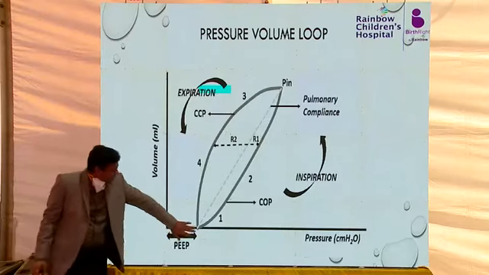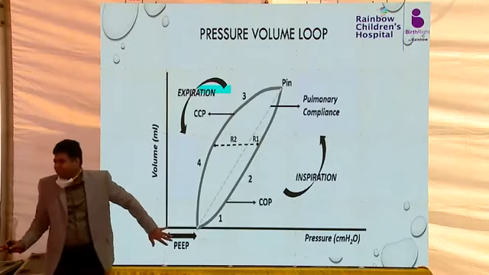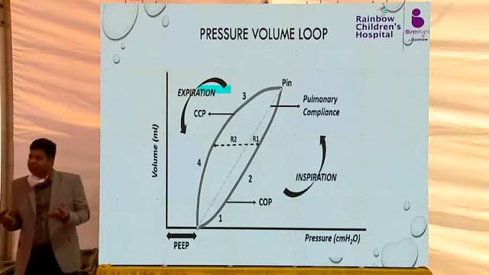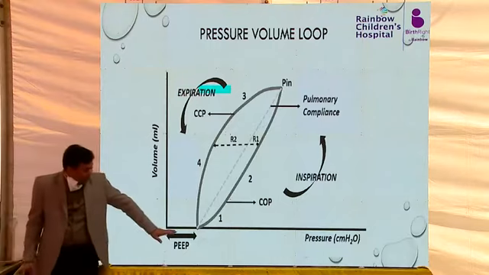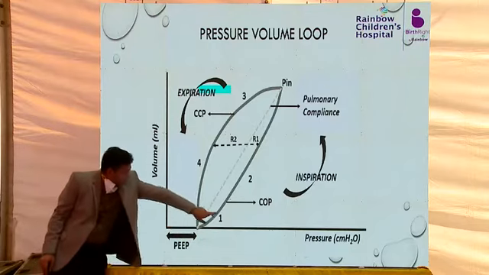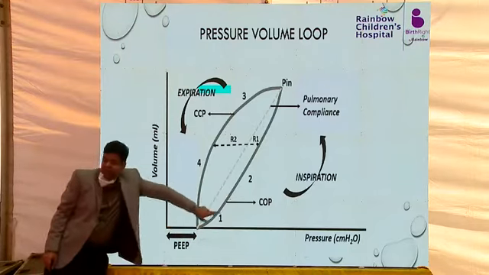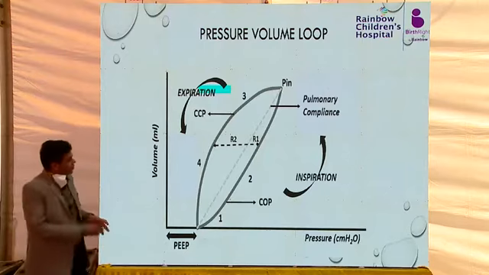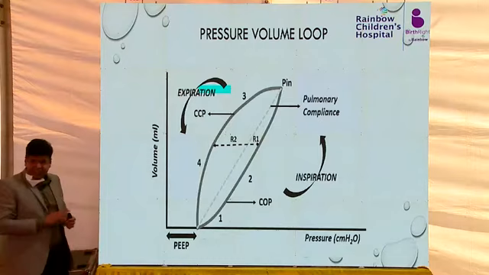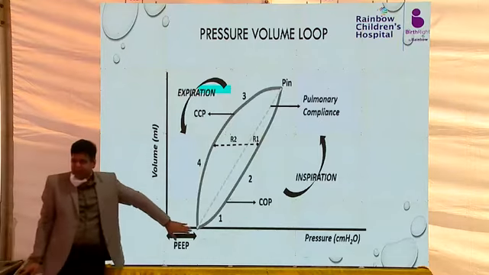When the breath starts, it doesn't start from zero pressure. It always starts from a pressure, PEEP, which is always there. So suppose you have set a PEEP of 5 or 6, the inspiration will start. So this one is the inspiration. Inspiration will start from the PEEP, right?